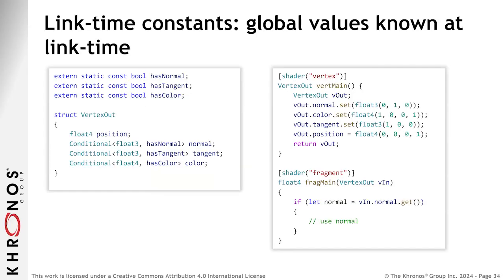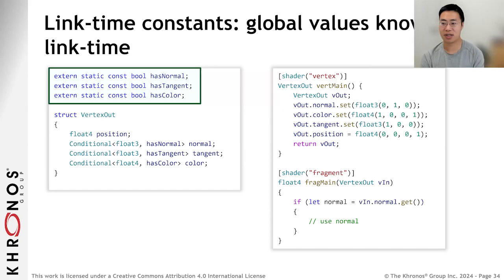And here's the same shader written using link time constants. Here, the extern static const declarations declare that the shader needs these three constants provided at link time in order to produce the final target code. And the link time constants can be used in type signatures that define the normal, tangent, and color fields as if they're like any other compile time constants.